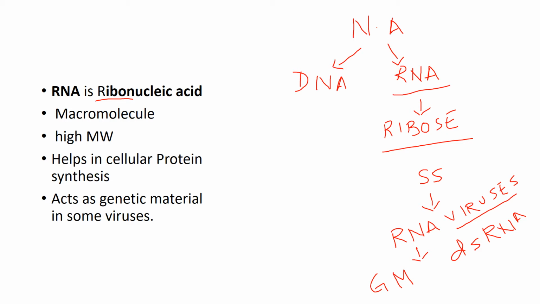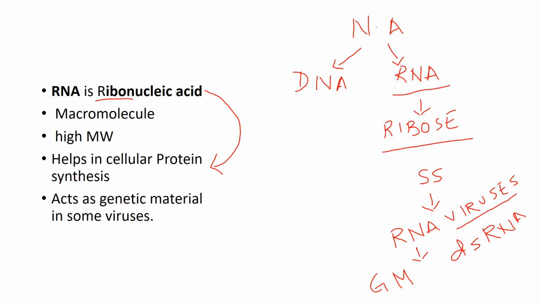The main function of this molecule, whenever we say RNA, is synthesis of proteins inside the cell. Although apart from protein synthesis, there are a variety of functions in which we find RNA to be involved, which we will come to in later lectures.